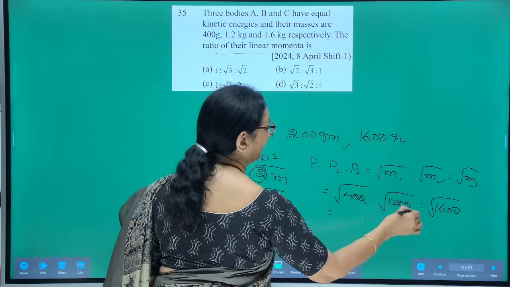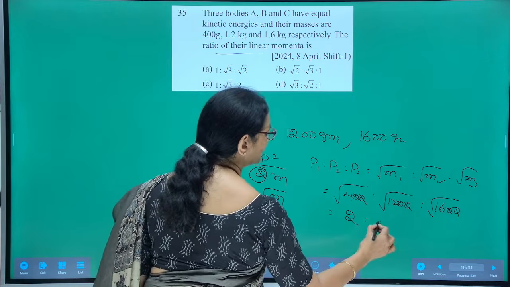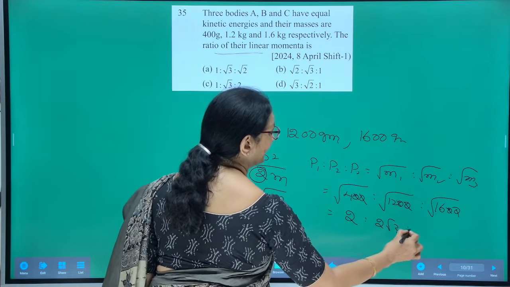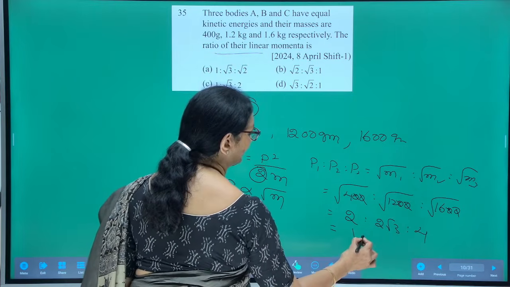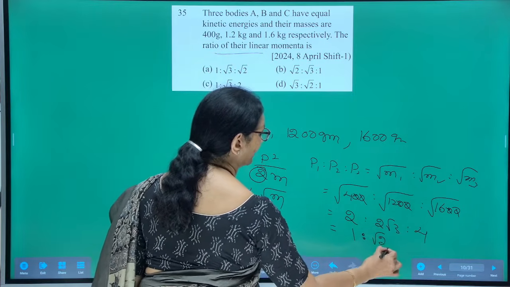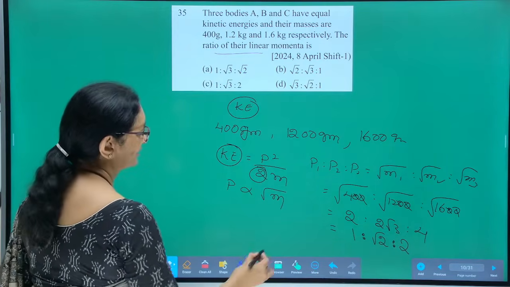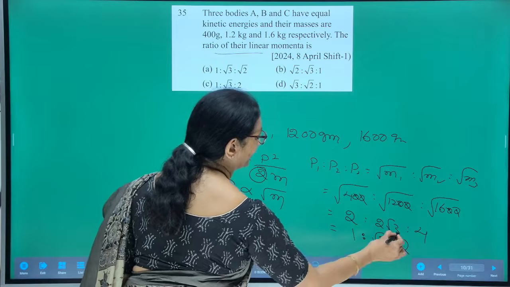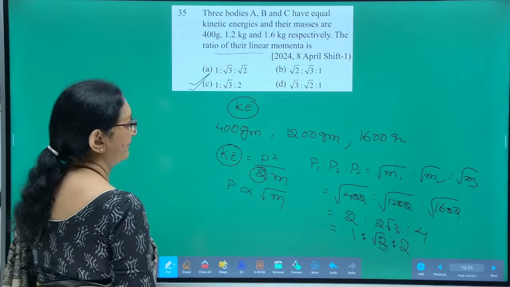So when you find the ratios, it will be root 4 is 2, root 12 is 2 root 3, root 16 is 4. Again, if you take 2 as a common factor, 1 is to root 3 is to 2. That is the answer. So, this is the correct choice for that problem.